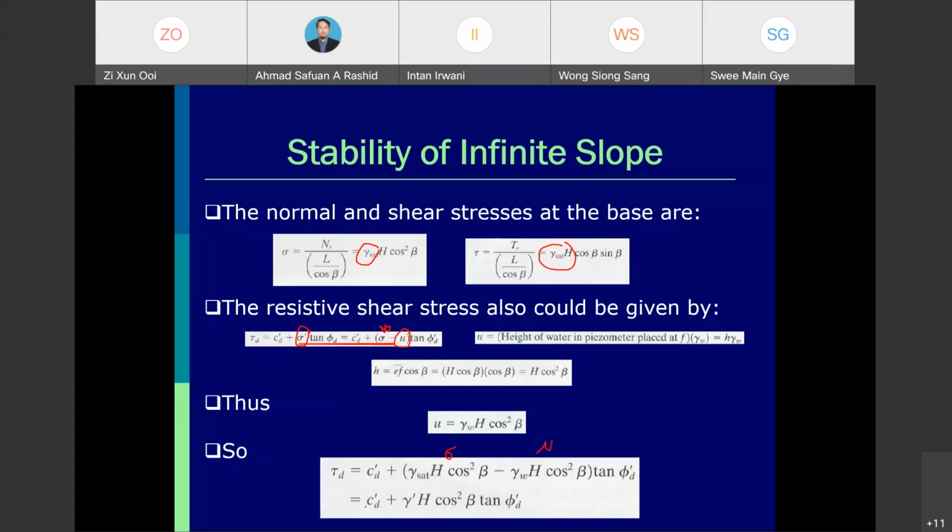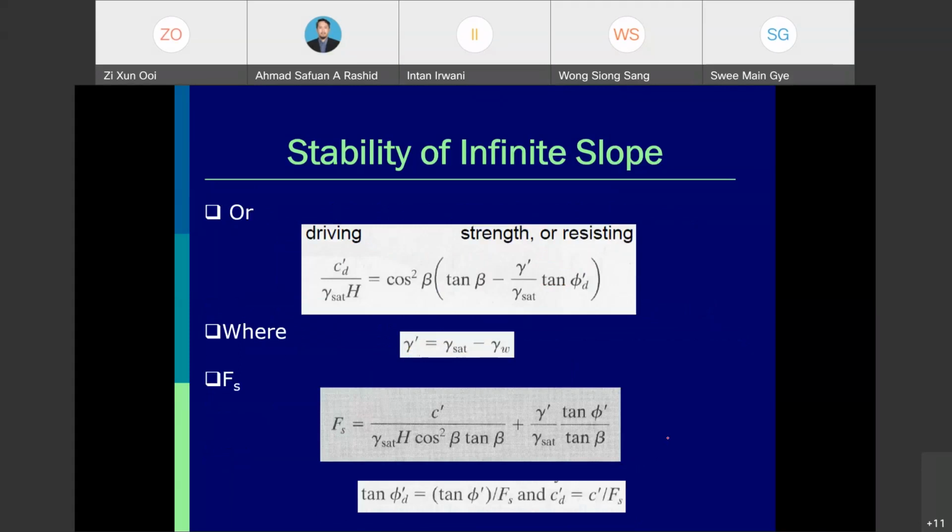Then from there we get c d plus sigma naught times H cos square beta tangent phi d. This is the driving force, while this is the resisting force.